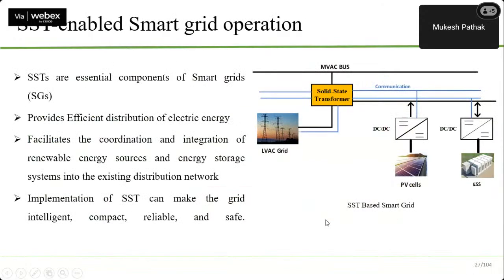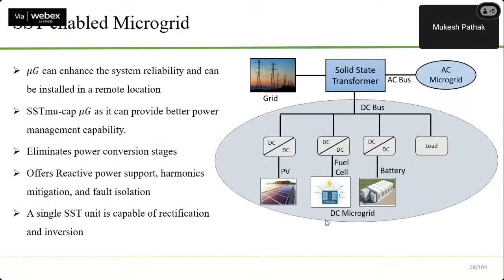of an SST based system, how will it look? In an SST based system, the overall system becomes much simpler. Now the grid connection is through the solid state transformer. So the solid state transformer here will have both an AC bus and a DC bus. The AC microgrid and DC bus will have connections of PV, batteries and other renewable sources, and you can supply DC loads directly.